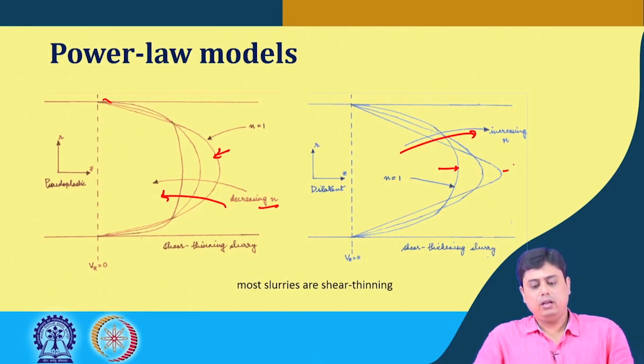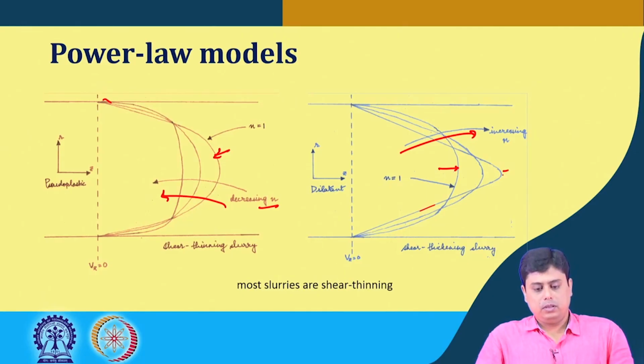For a very high value of n, much greater than 1, the velocity is seen to vary almost linearly until the center.